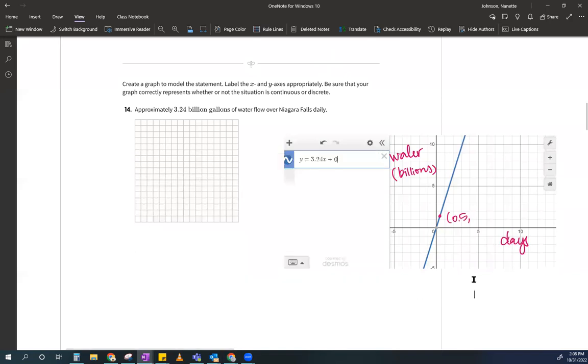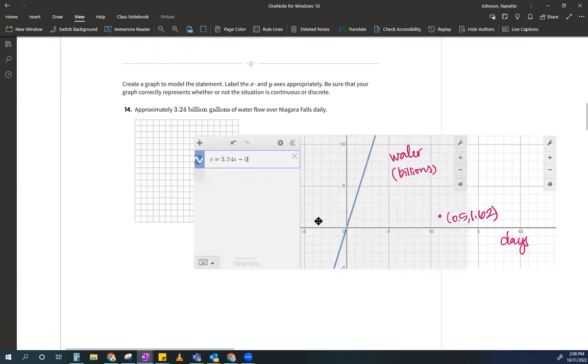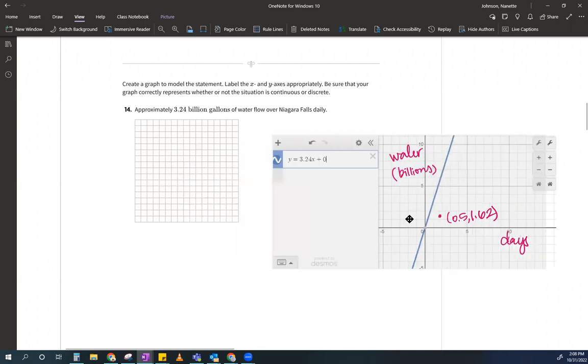So if I wrote, hey, this point is half of a day, comma, 1.62 billions of gallons of water, would you look at me like, what? Or would that make sense? And yeah, that makes sense. Why? Because we can have billions. We can have 1.62 billions of gallons of water, and we can have half a day.